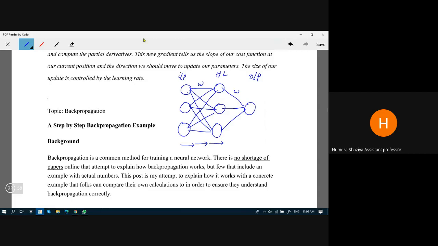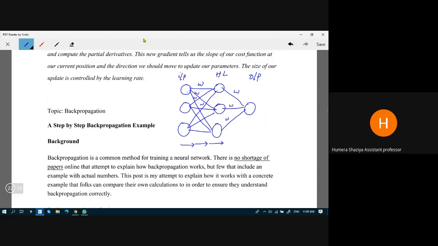And these two are connected by this edge, and over every edge there is a weight. Initially, these weights are initialized with random numbers. However, there are different approaches to initialize weights. By far, the most used one is random initialization.